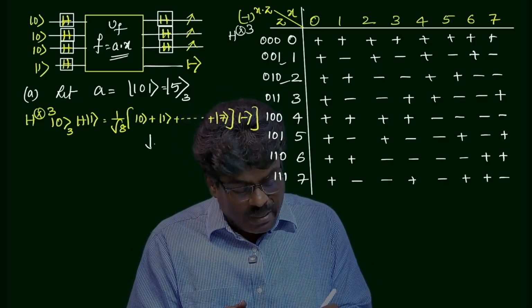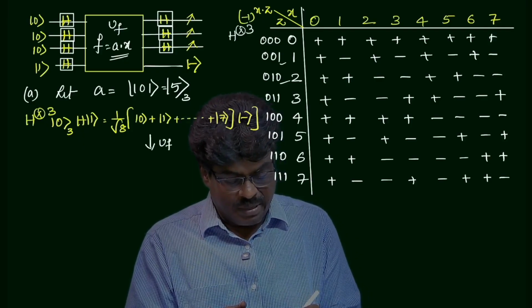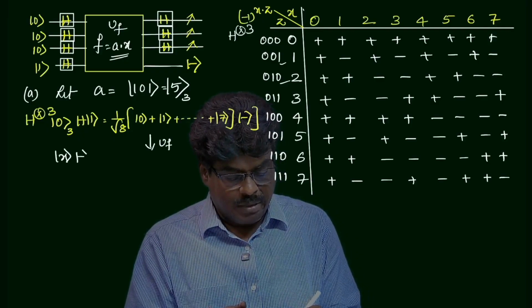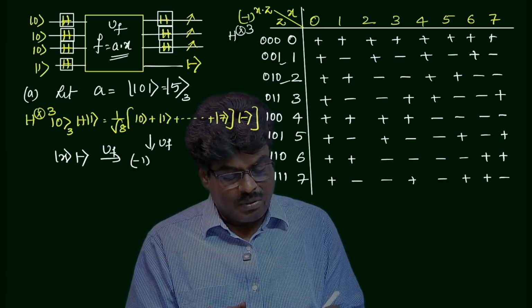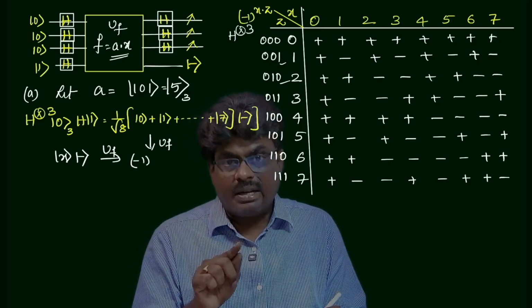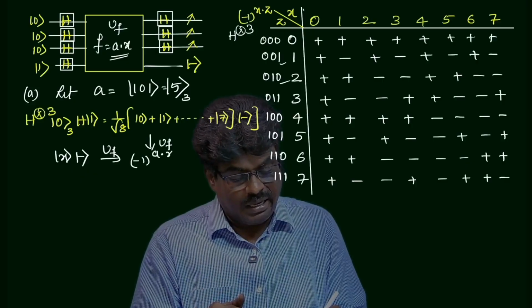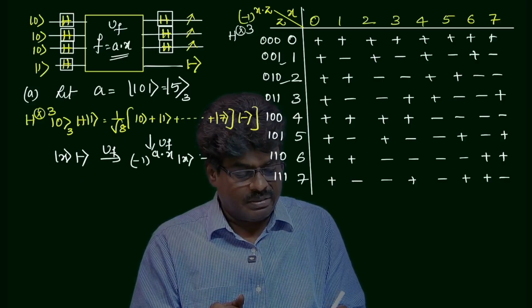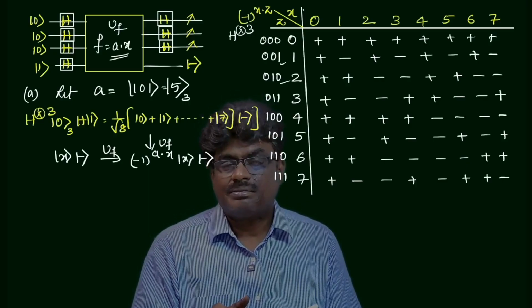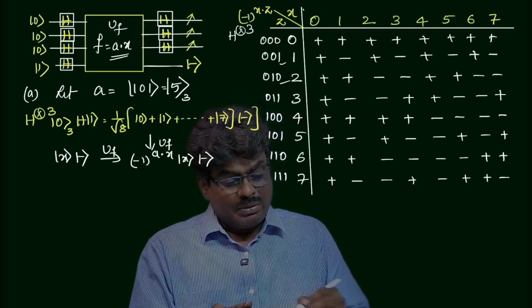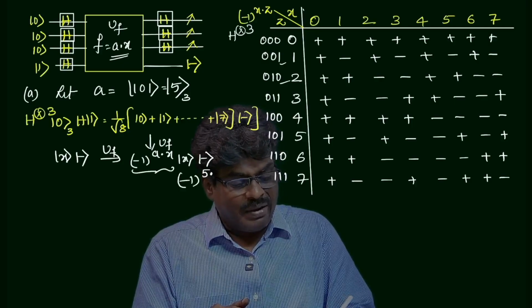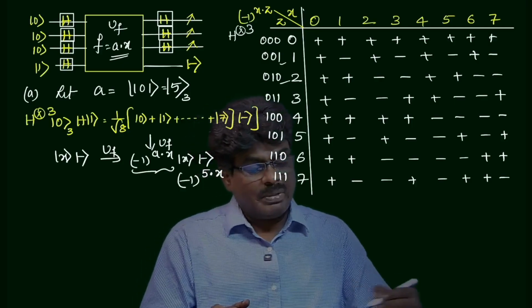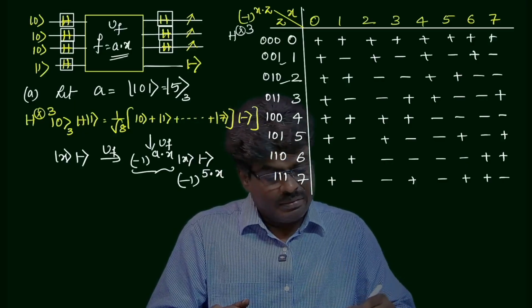Now once you operate this U_f, this will become |x⟩|−⟩ under this unitary operation, minus 1 whole power a dot x. Here our hidden variable is a, so this will give you minus 1 whole power 5 dot x. So please check where that 5 is here.